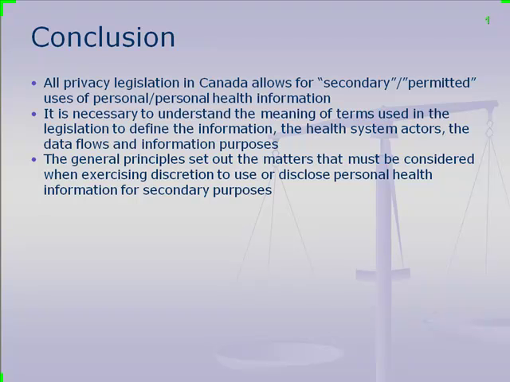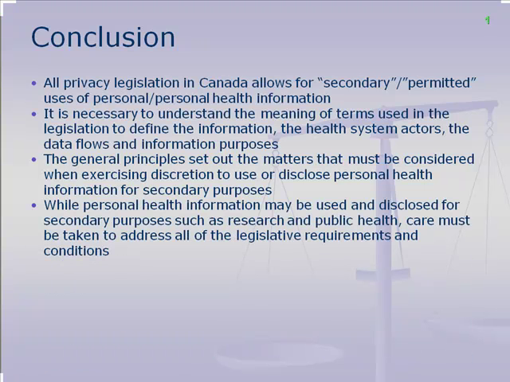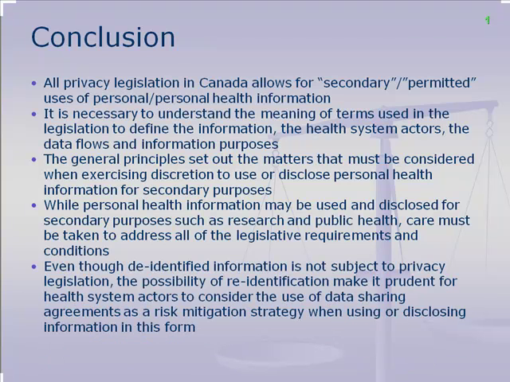Again, I'm going to try and hammer this home, the general principles that should be considered: data minimization and de-identification. And while there are numerous cases where PHI may be disclosed and used without consent for secondary purposes, both the legislation and your own practices and policies may have certain conditions attached to that.